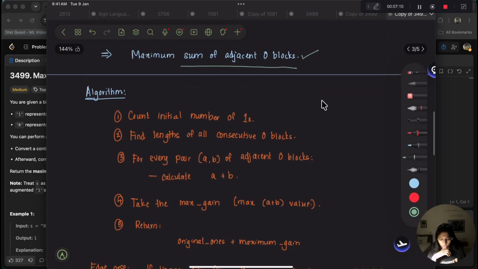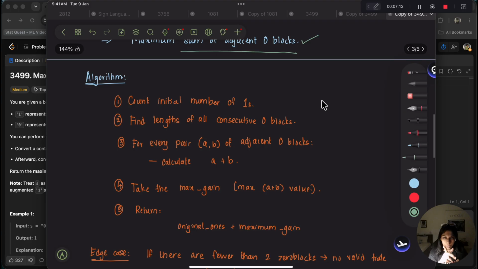So this is the algorithm we're going to follow. First thing is what I did: I'm going to count the initial number of ones. Then I want to find the lengths of all the consecutive zero blocks. This can be just another pass. I'm going to note those and keep them maybe in an array. And then I'm going to do another pass where I check these consecutive, adjacent blocks of zeros.